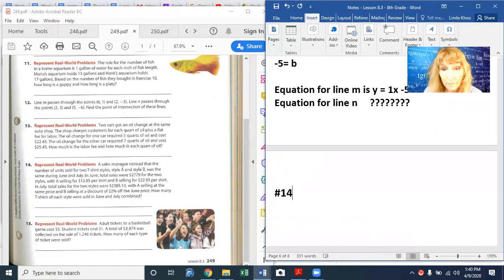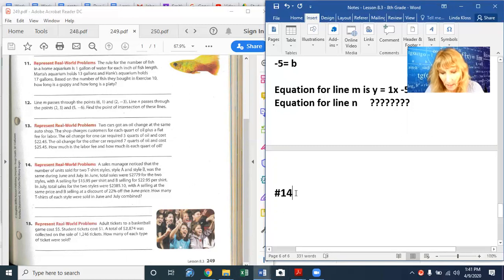In July, that's your second equation, total sales for the 2 styles were $2,385.10, with A selling at the same price and B selling at a discount of 22% off the June price. This is a toughie. How many t-shirts of each style were sold in June and July combined?